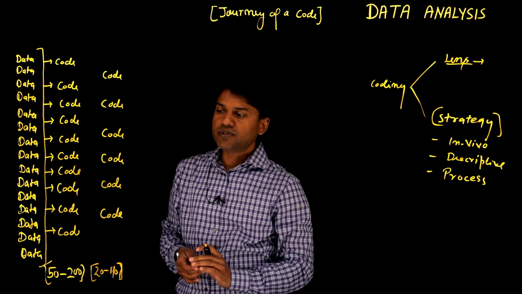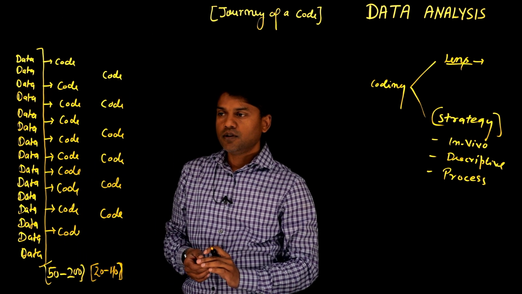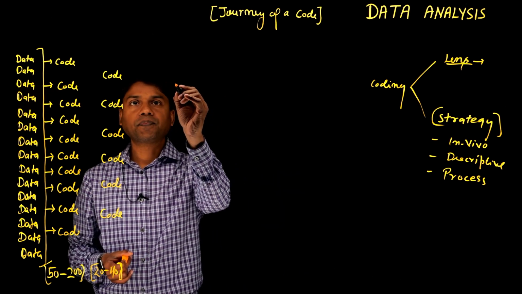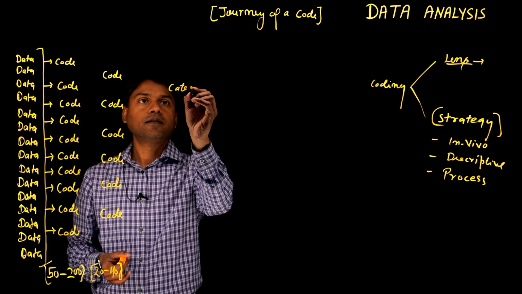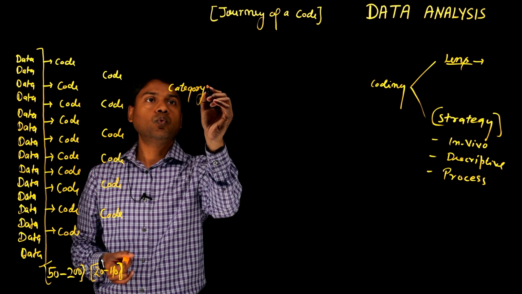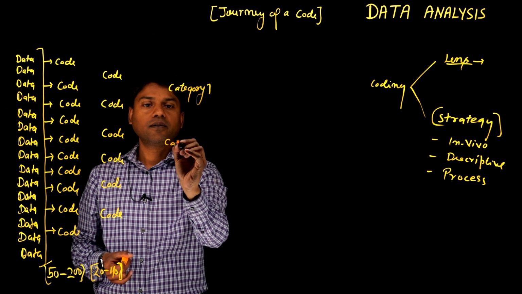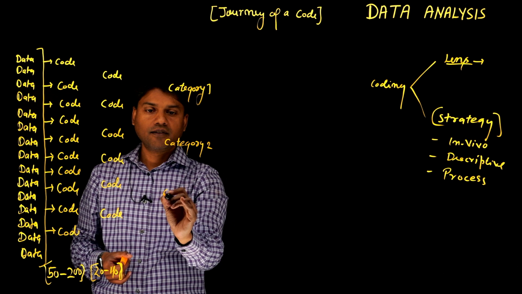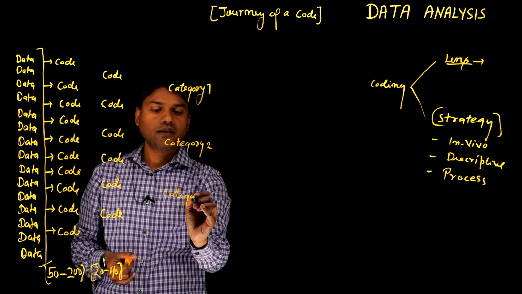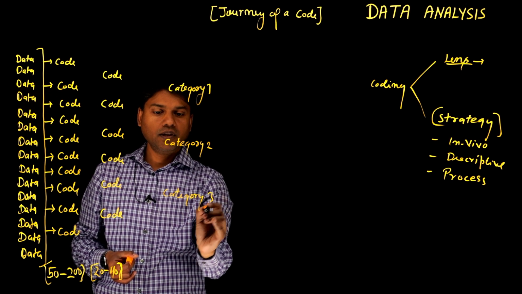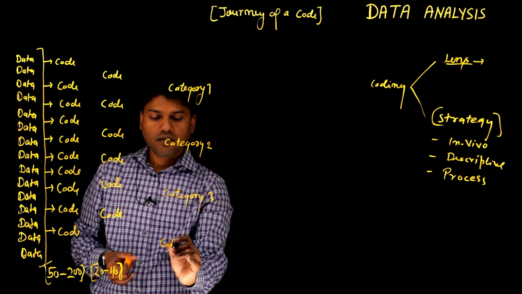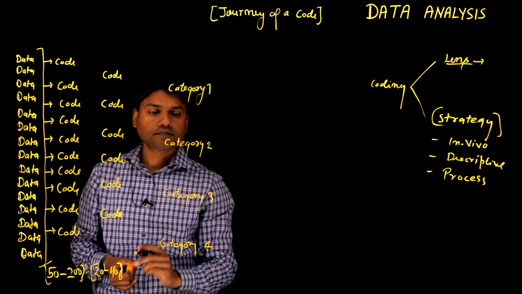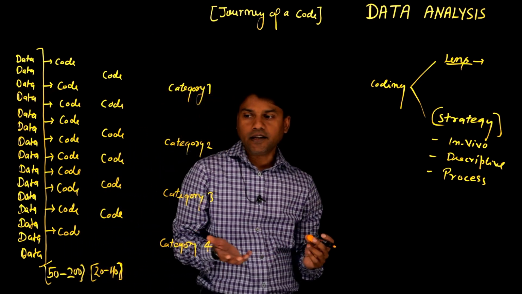Next, with these codes, you develop categories. So let's say category 1, category 2, category 3, and category 4. What is a category?